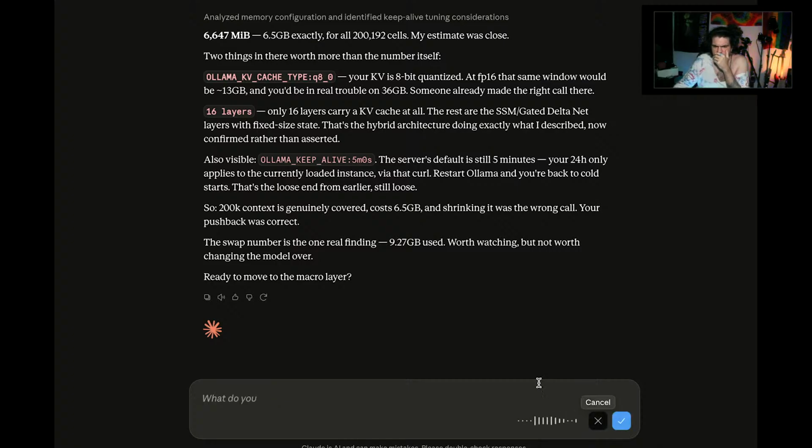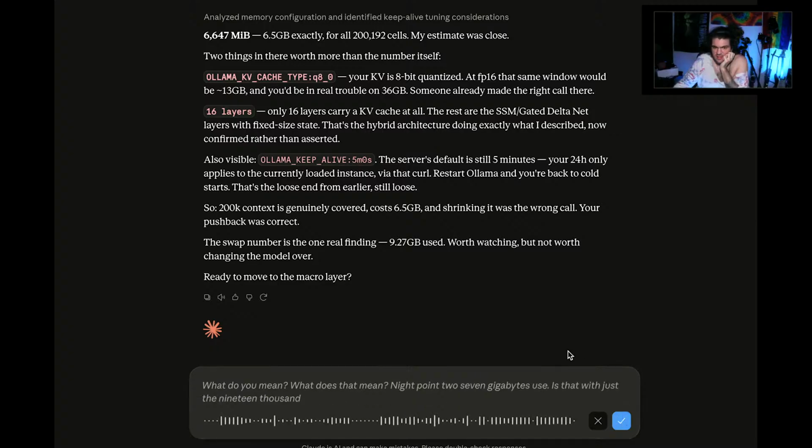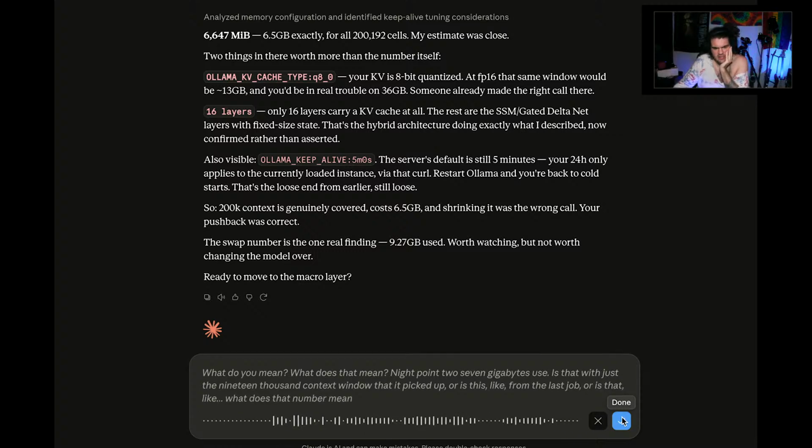What do you mean? What does that mean? 9.27 gigabytes used? Is that with just the 19,000 context window that it picked up, or is this from the last job? What does that number mean exactly?